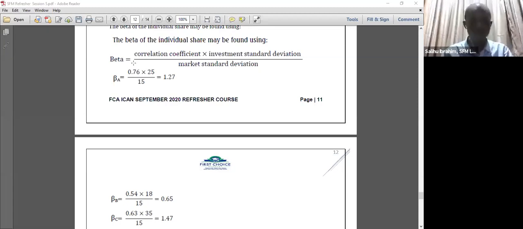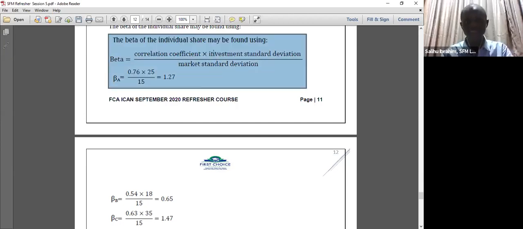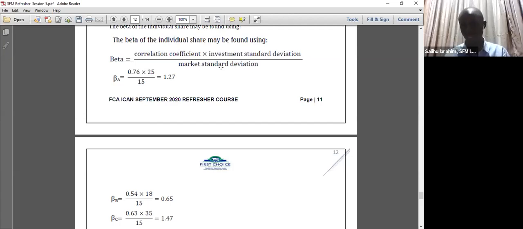Now we want to compute the beta of these company shares. Look at it: correlation coefficient, the formula I gave you earlier. Correlation coefficient times investment standard deviation over market standard deviation. If correlation coefficient is not given to you, you don't have to use it.